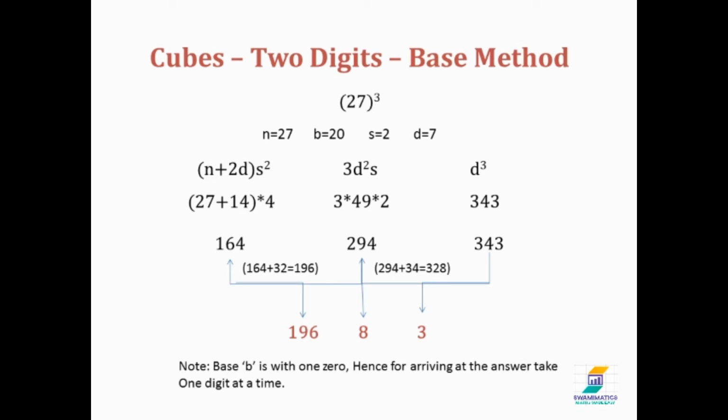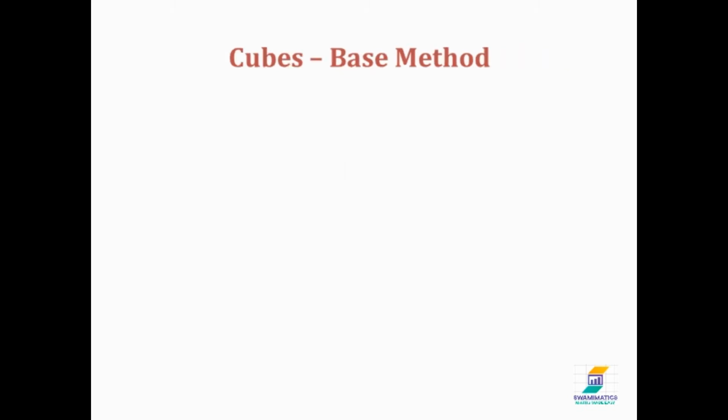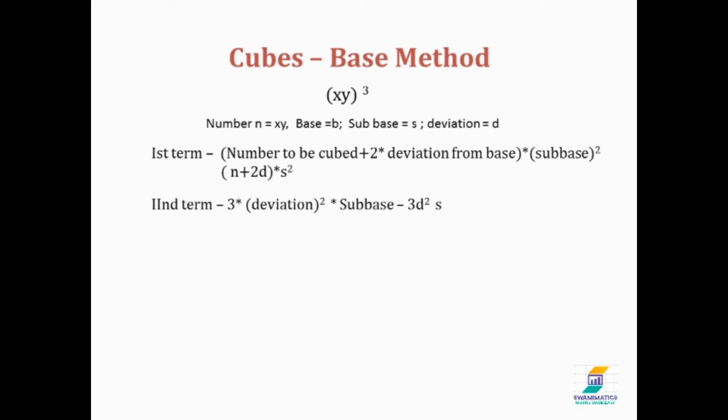Now, let us summarize what we learned. We have to find the cube of a given number xy. The number n is xy. The base is b. What is b? b is a number close to xy ending with a 0. The subbase is s. The deviation is d.